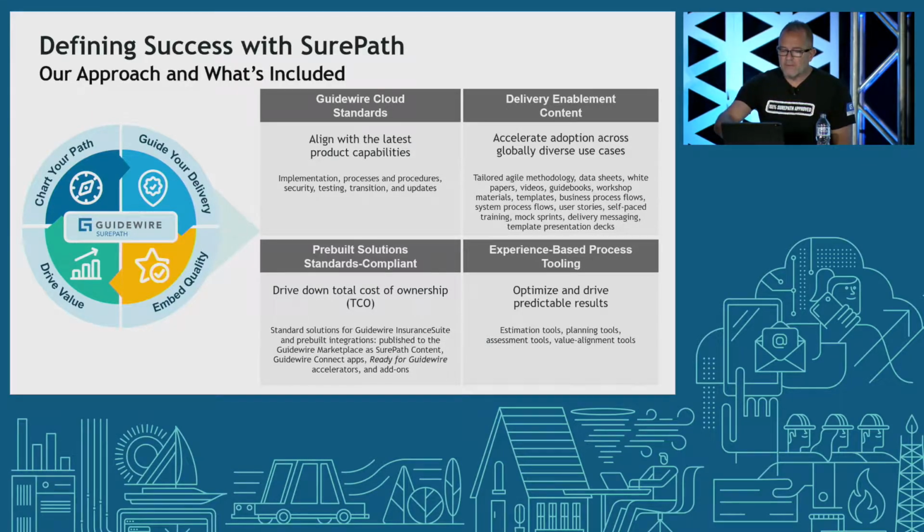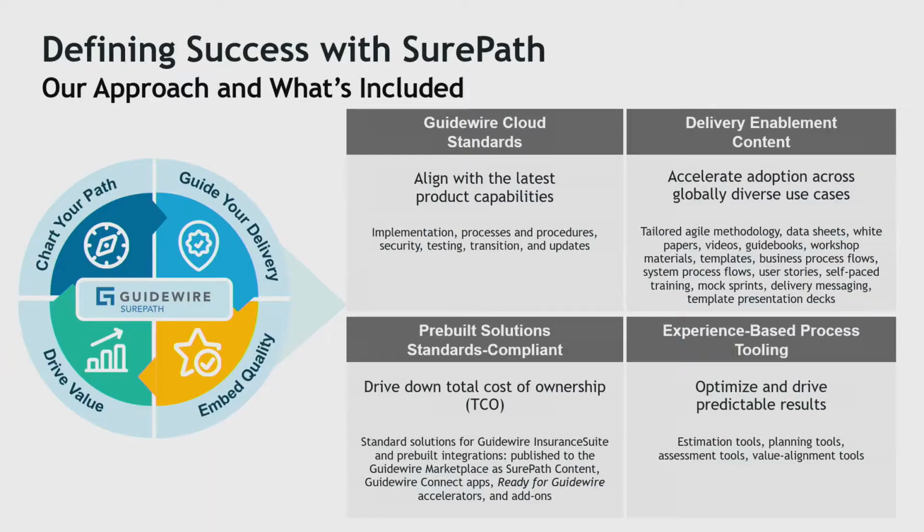Now, basically, SurePath is the umbrella name for our proven delivery approach, right? So what's shown there in the circle is the approach, and SurePath is about charting your path to success, so basically setting yourself up for success. As you go through the implementation, through delivery, it's about guiding you through all the phases of delivery and making sure that you're aligned with the standards, that you can get into production, and that you're following best practices.